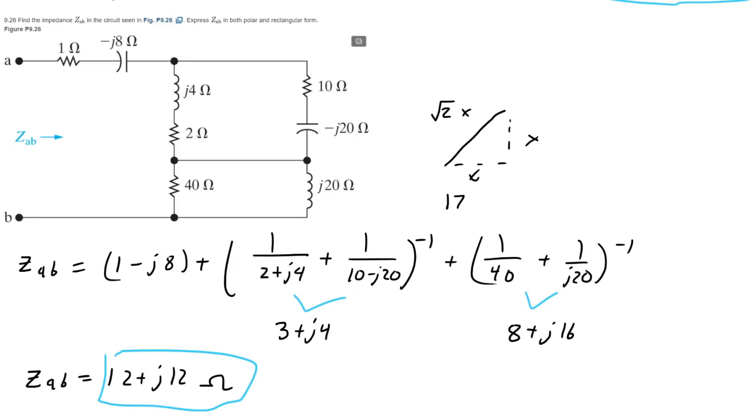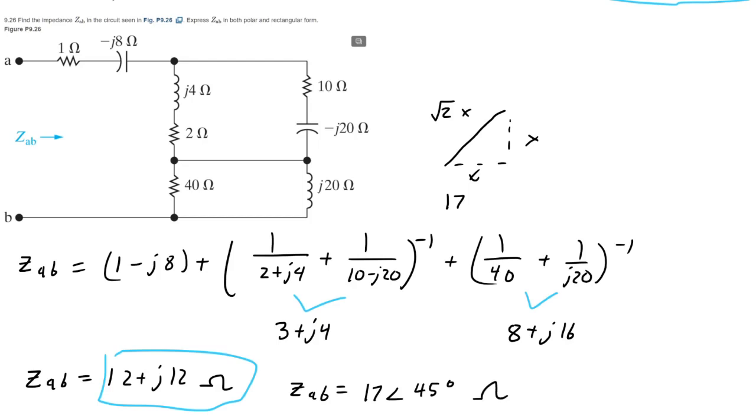So we'll say that ZAB is 17, a phase angle of 45 degrees. It may be a little bit off, but it's just within the realm.